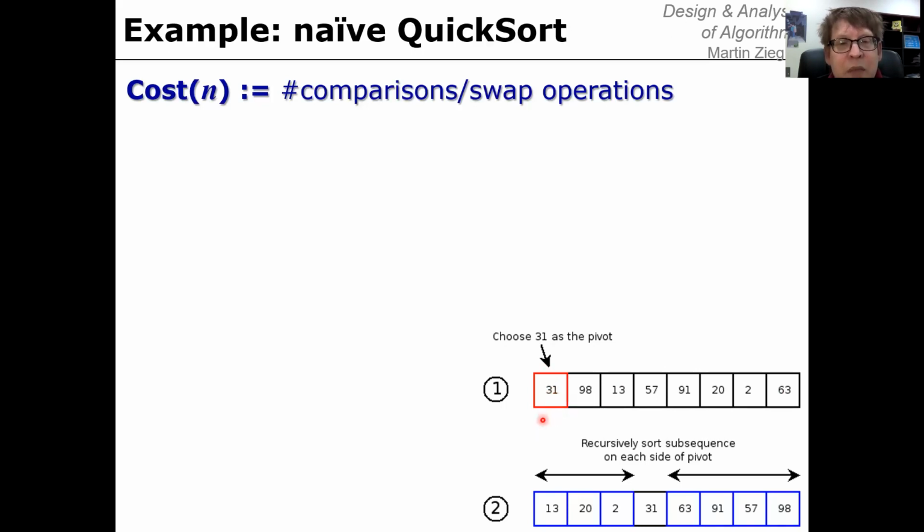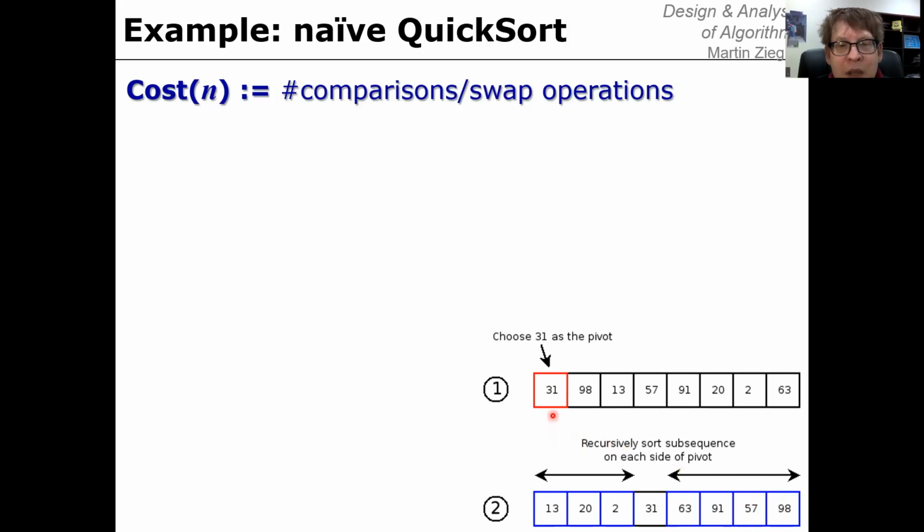Now this number is 31, and in its position after sorting, it's the fourth position, right? So we split the array according to this pivot. All elements that are smaller come to the left, and all elements that are greater end up on the right. And then we recursively sort the two subarrays.